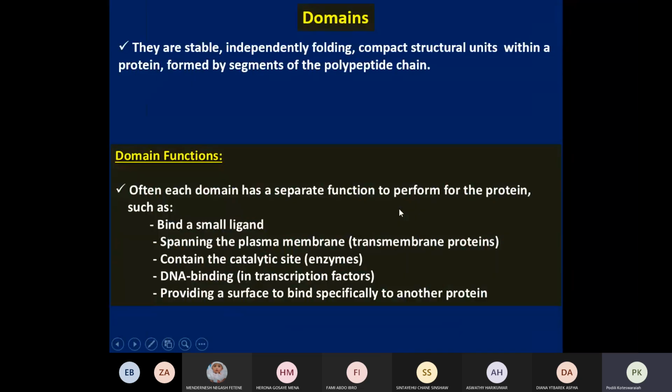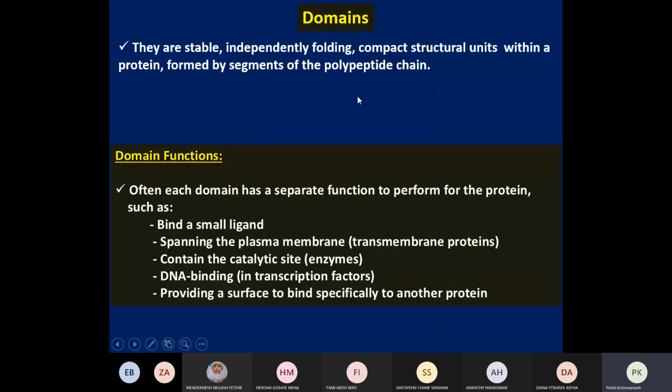Coming to the domain, as I already said, many proteins present in the cell are multimeric proteins, having more than one subunit. We generally say that a protein has three domains, four domains, or an ATP binding domain, and so on.